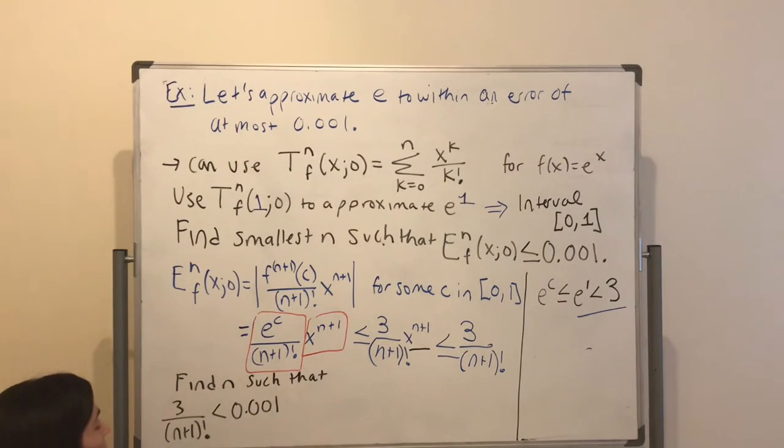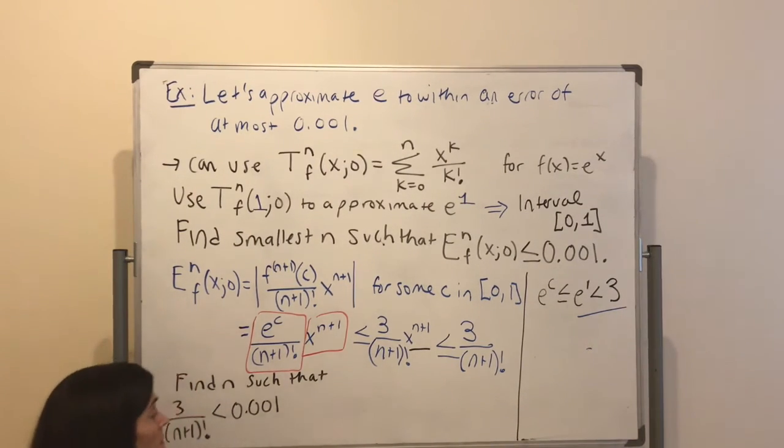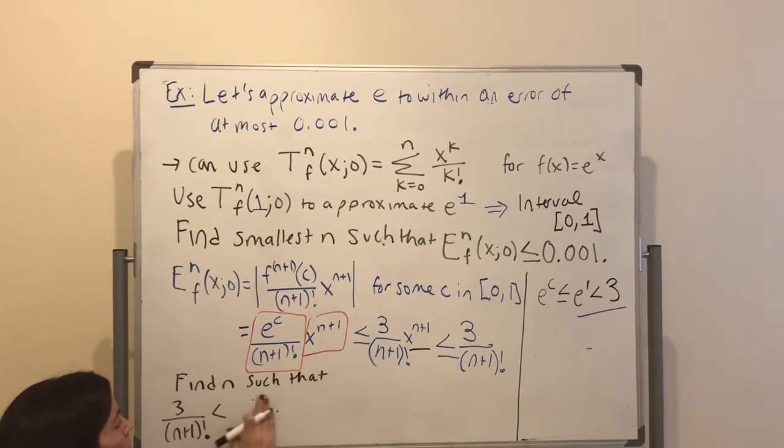But let's think about this, because I'm going to try and rewrite this. This is 1 over 1,000, right? So let me just change it now. This is 1 over 1,000.